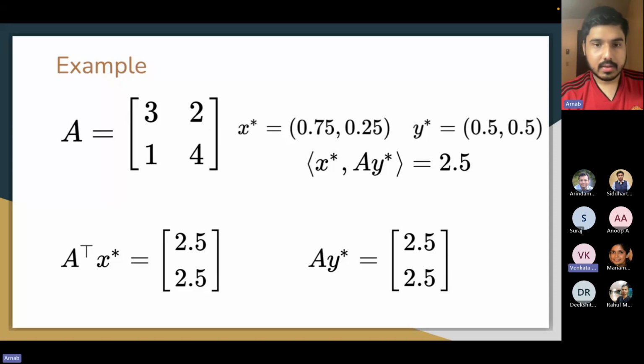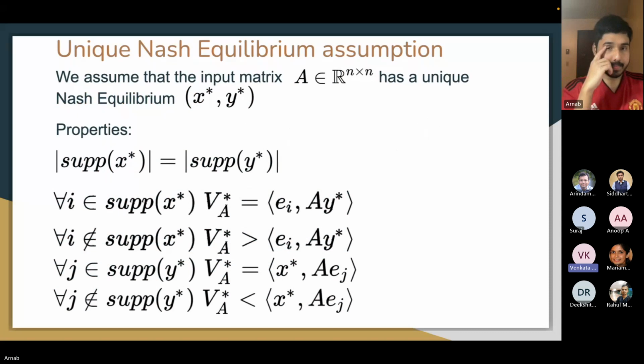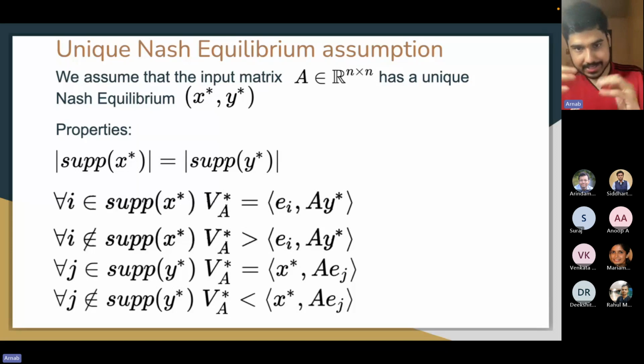So the Nash equilibrium value may not be the maximum value, but it's the value that they can get without deviating. If they deviated, they will suffer some loss. The thing is, there can be multiple pairs x, y such that this inner product x A y can be equal to V_A star, but this doesn't mean that (x, y) is a Nash equilibrium.